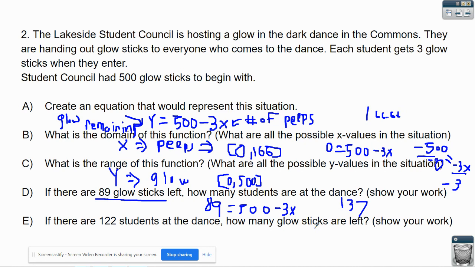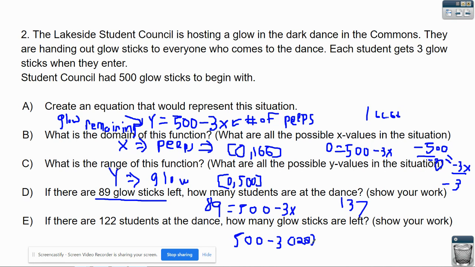And then if there are 122 students at the dance, how many glow sticks will they have? So students is X here. So I would just plug in 122 for X. In this case, this is kind of the easier of the two problems for most people.